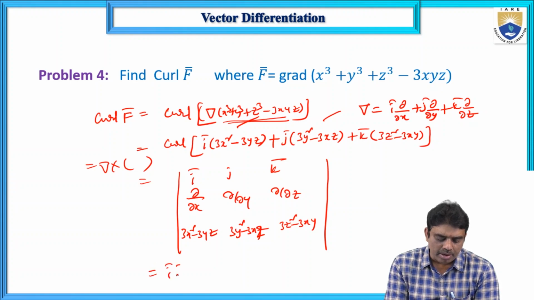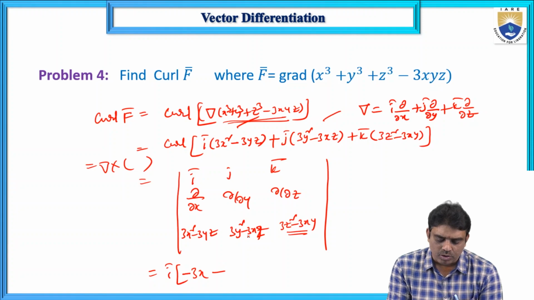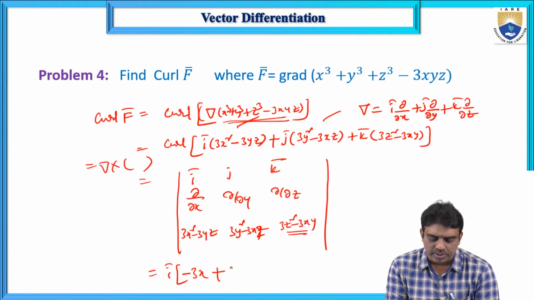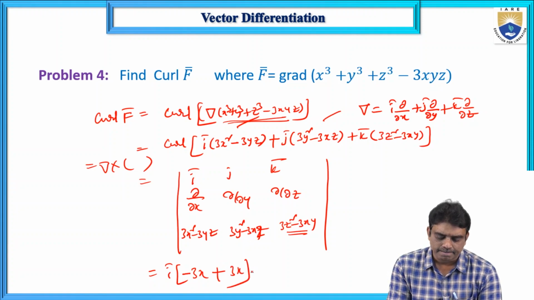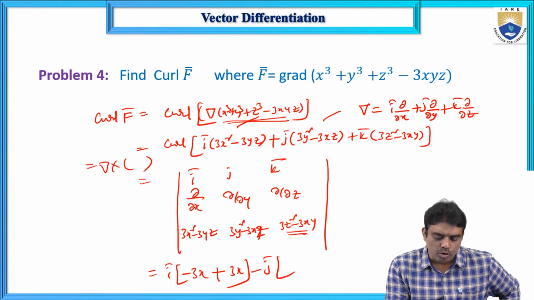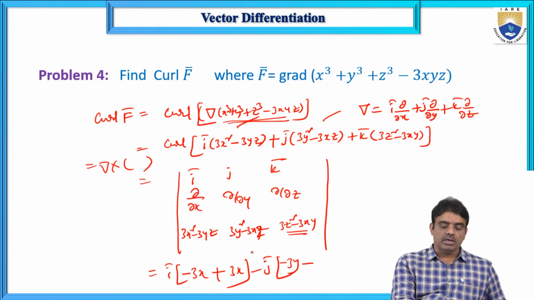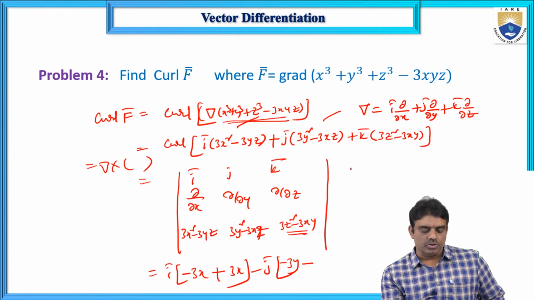Then i bar into ∂/∂y of this one, that is minus 3x, and minus ∂/∂z of this one, which is minus 3x, means plus 3x. Minus j bar into ∂/∂x of this one, minus 3y; minus ∂/∂z of this one, this value 0, that is minus of minus, plus 3y. For j bar, you have to discard the central column and first row.